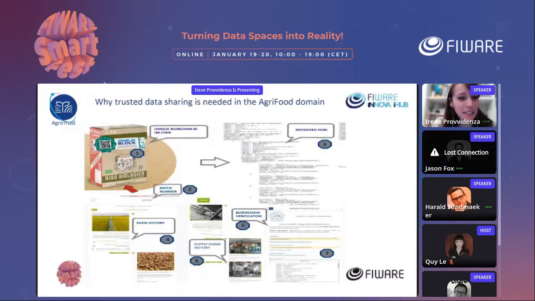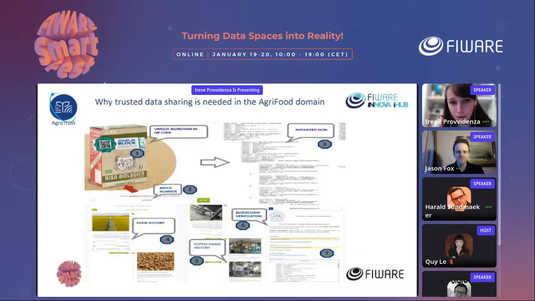So basically, the purpose of AgroTrust is to meet the needs of European farmers and all the agri-food supply chain stakeholders, providing them with a set of tools which is crucial in order to reply to several requirements related to their daily work. As you can see here, the whole process of the supply chain is under the scope of the project.